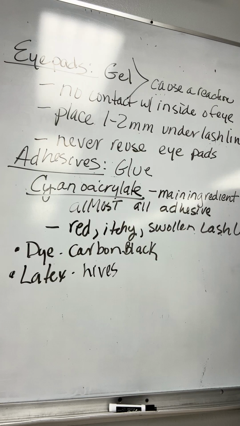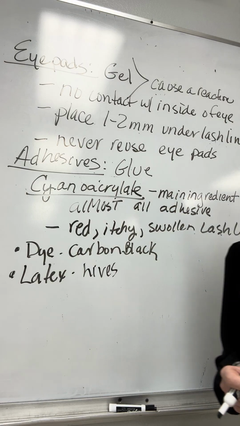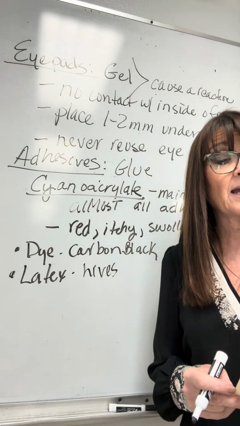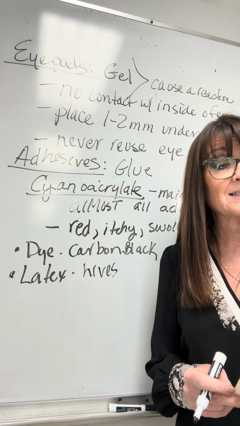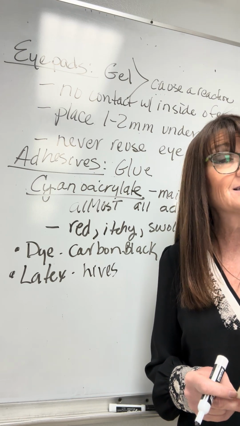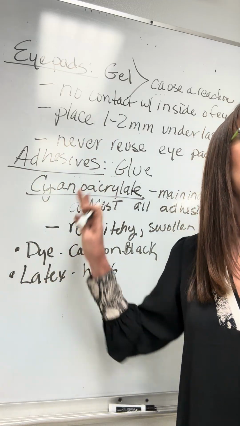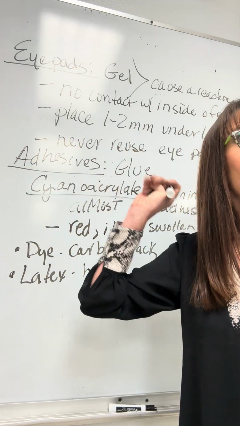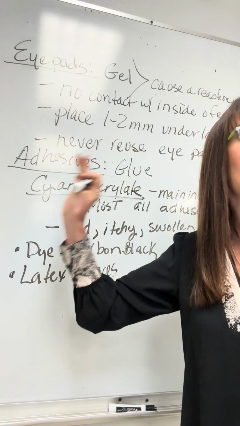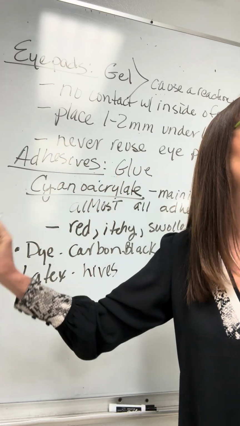Application too close to the skin. Eyelash application too close to the skin can cause contact dermatitis, as the glue is not meant to touch the skin. Remember, dermatitis is a generic term for inflamed, irritated skin.